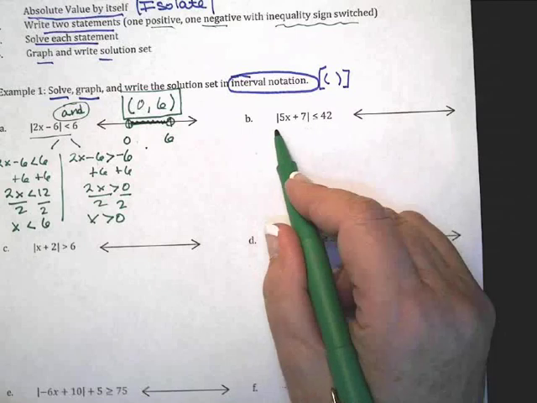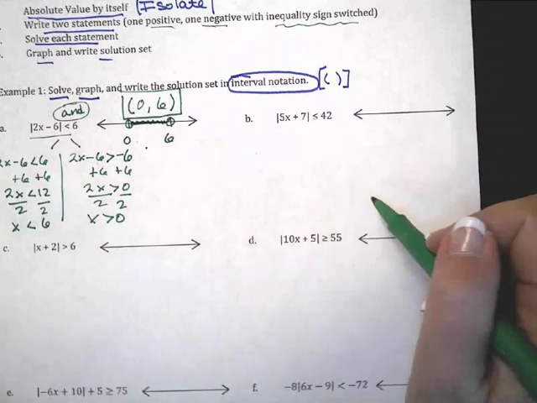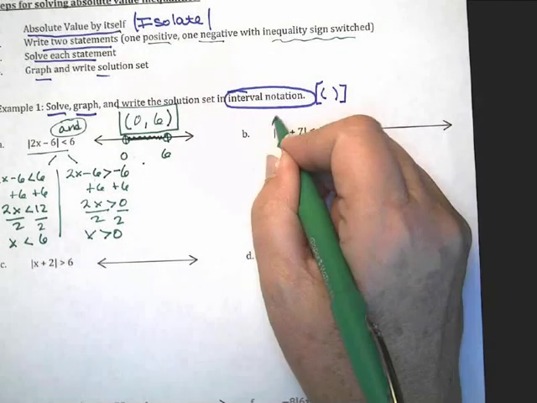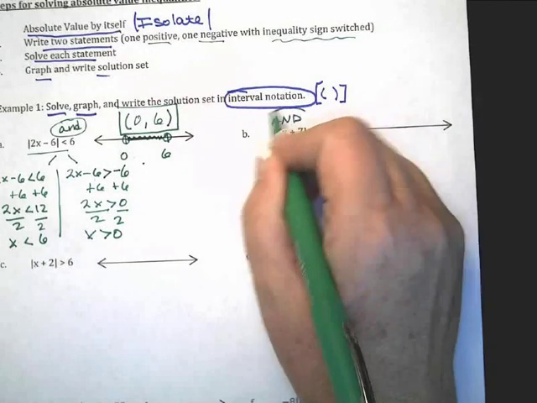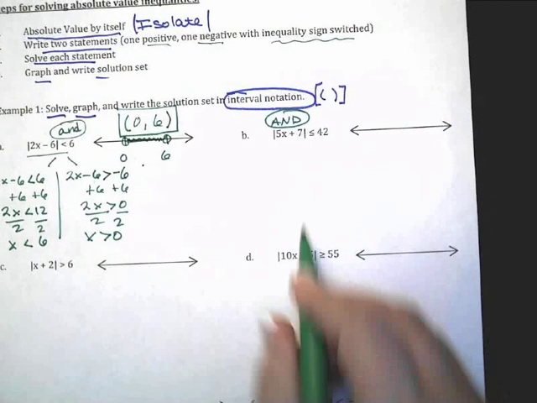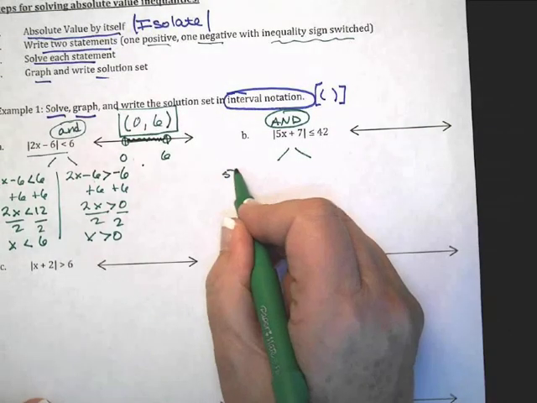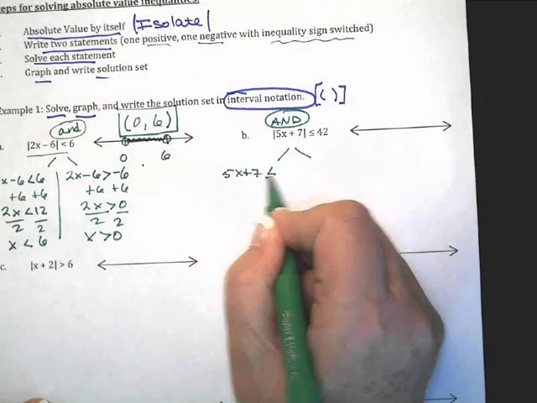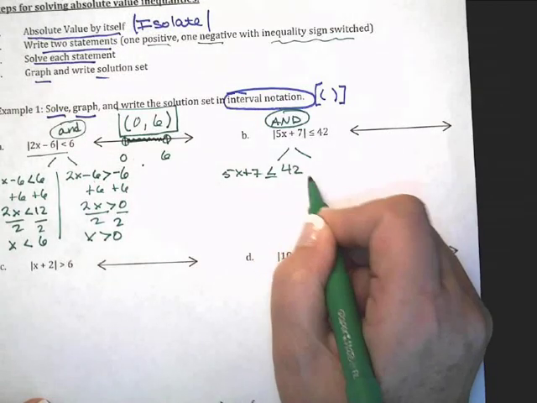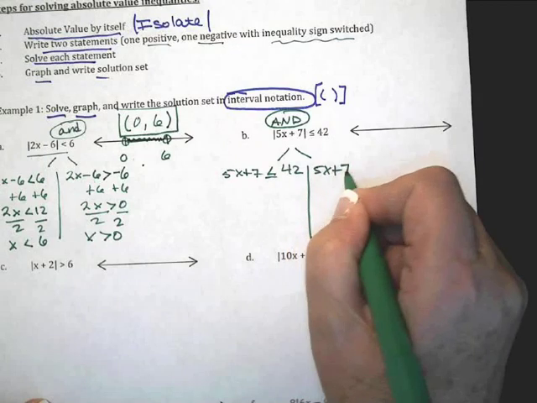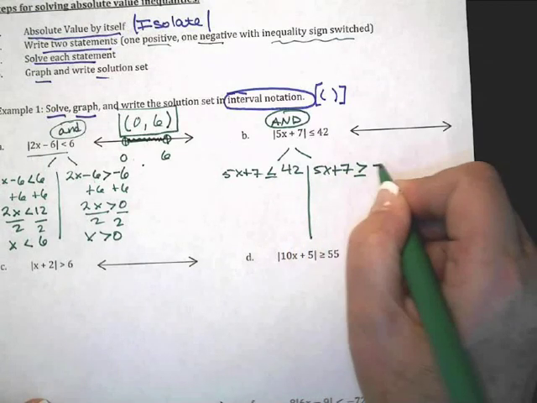All right, example B. The absolute value is already isolated. Notice it's another less than, so this is also going to be an and compound inequality. We can separate the inequality into 5x plus 7 is less than or equal to 42, and 5x plus 7 is greater than or equal to negative 42.